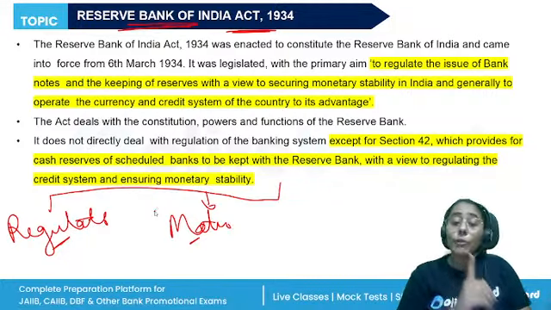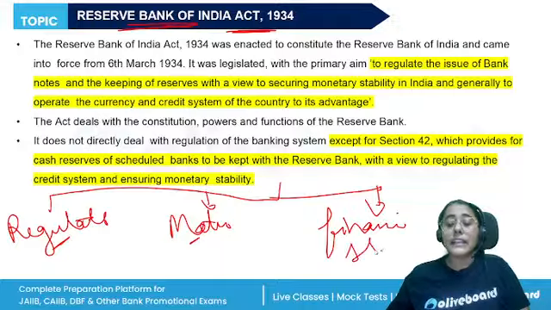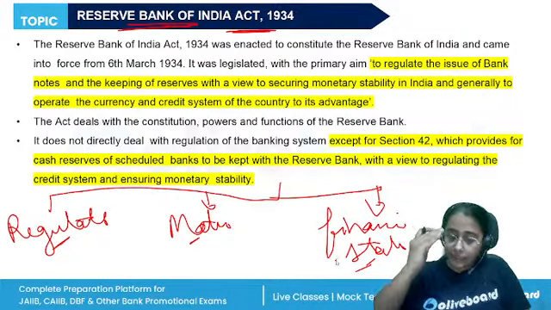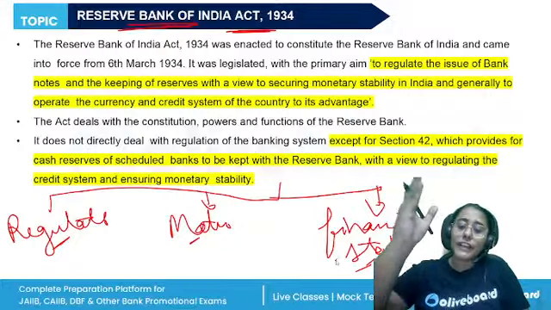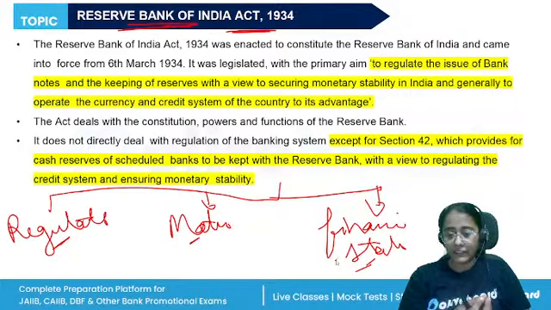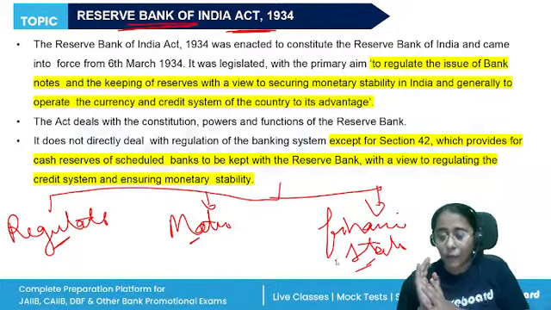RBI is also the monetary authority. This means to maintain financial stability in the country. Wherever there's very high inflation in India, RBI will control the lending activities. RBI will increase the SLR, CRR requirement.